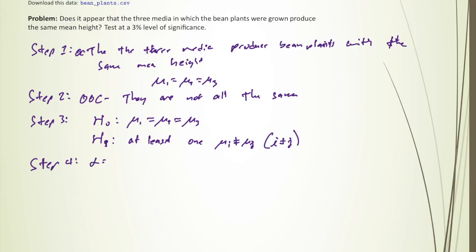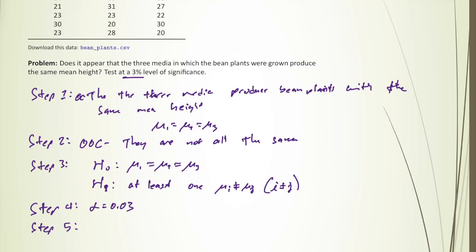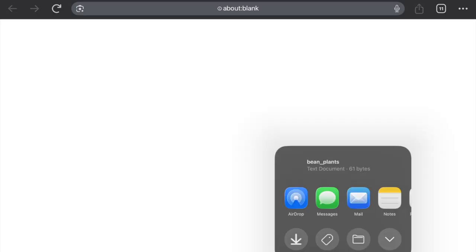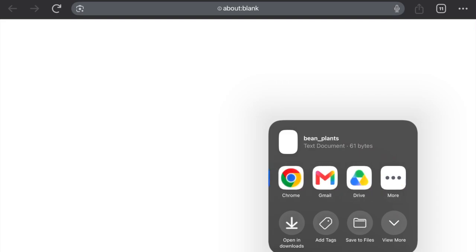Step 4, alpha equals 0.03, doesn't it? That's sort of the first time we've ever used that one. Step 5 now, I'm going to Excel. All right, but before I do, I'm going to grab my bean plants, open, save data, sure, open in Excel.